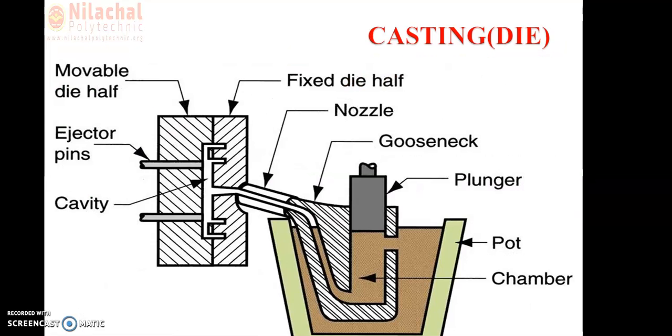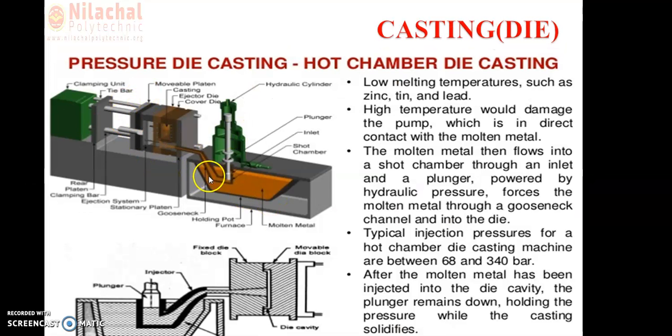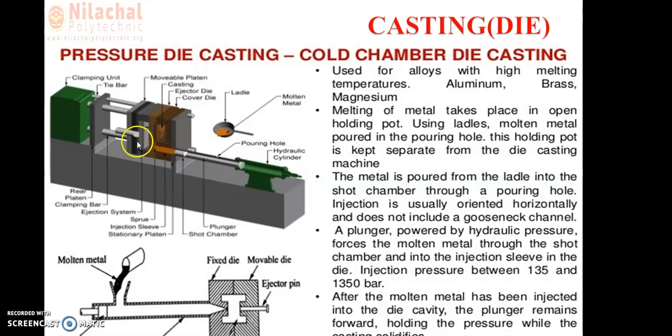In the hot chamber machine, the molten metal is along with the machine, but in this cold chamber machine we do not have the melting unit. The metal melted in the furnace is brought with the help of a ladle, so the melting part is not an integral part of this machine.